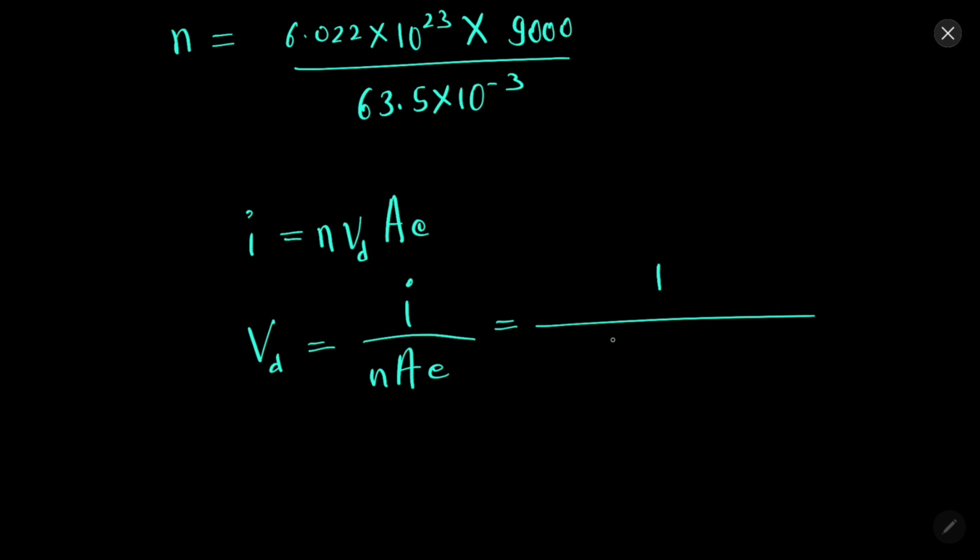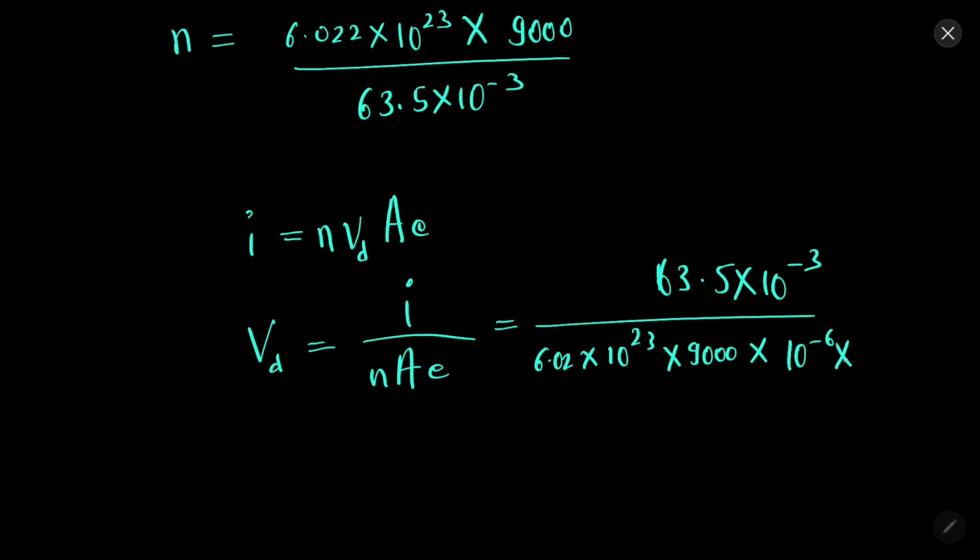So 1 over 6 into 10 to the power 23 into 9000 over 63.5 into 10 to the power minus 3 into 10 to the power minus 6 into 1.6 into 10 to the power minus 19.